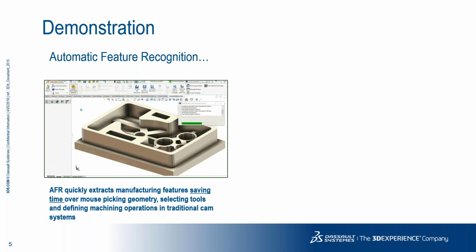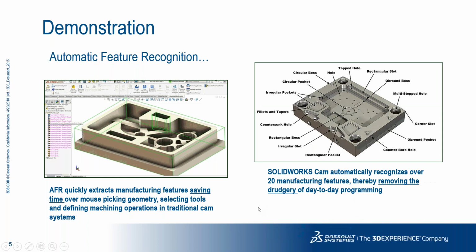This is a huge advantage over traditional CAM systems. Next, just to give you a quick idea, SOLIDWORKS CAM can recognize on a mill over 20 different manufacturing features. You can see the power of what I've done. What it really does is remove the drudgery of day-to-day programming where you're constantly picking the edges of a pocket or the face. It just removes that.